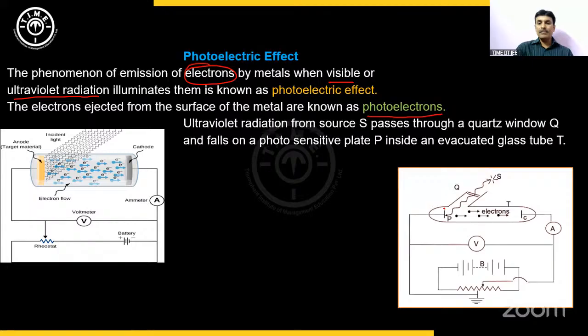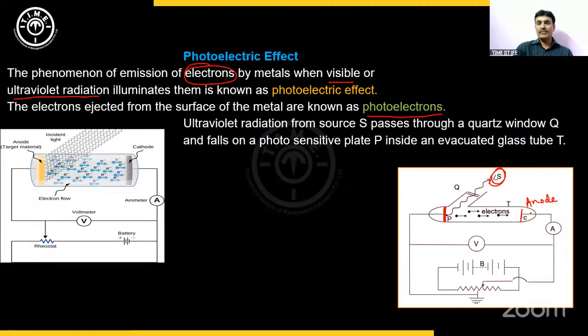Here is a metal plate which emits the electrons. Then the source of radiation: radiation falls on the metal plate passing through a quartz window. Then the metal plate releases the electrons. These electrons are collected at this plate C, nothing but the collecting anode.